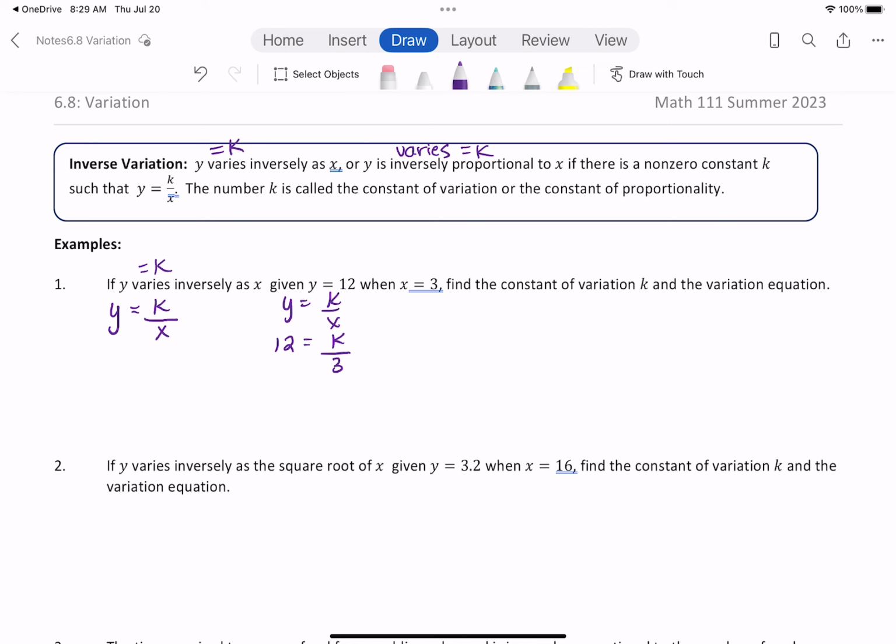And if we want to solve that for k, you notice this is a rational equation now, right? So my denominators are 1 and 3, so my LCD is just going to be 3. So I'm going to multiply both sides by 3.